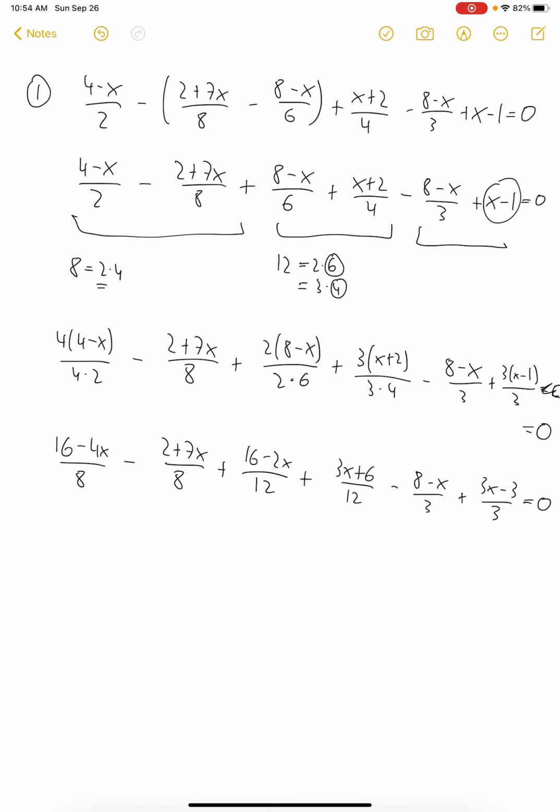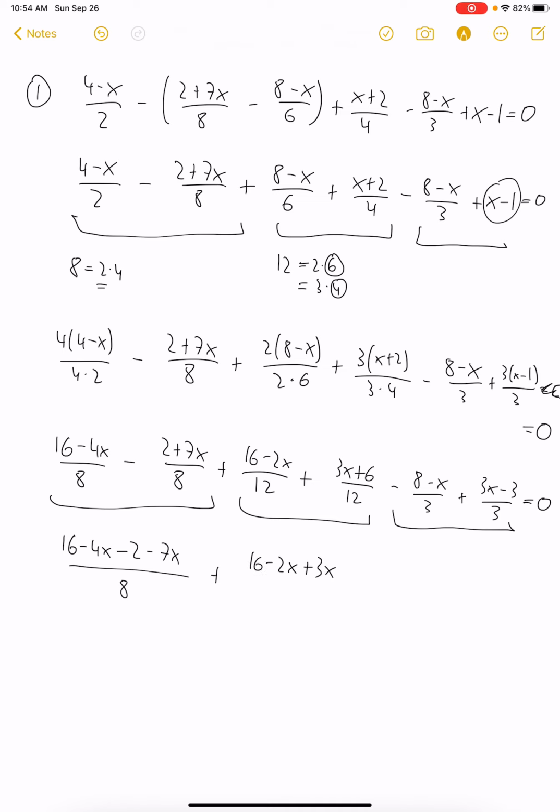So now we have the same denominator here, here, here, so we can combine the numerators, and we get 16 minus 4x minus 2 minus 7x over 8 plus 16 minus 2x plus 3x plus 6 over 12.